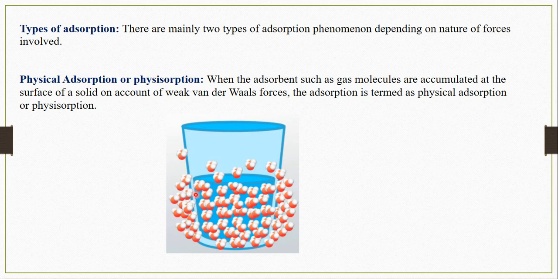With the help of this figure you will understand. The gas molecules are accumulated on the surface of the solid, and they have weak van der Waals forces, and this is termed physical adsorption.